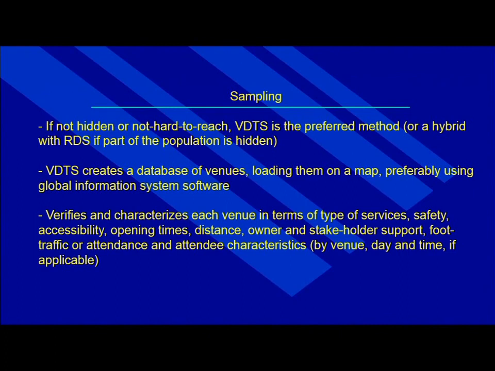It verifies and characterizes each venue in terms of the type of services that are provided there, if services are provided. We look at safety, accessibility, opening times, distance from each other, owner and stakeholder support, foot traffic, that is the people that are attending, and the characteristics of the people who come there, all at different times and different days in the week.